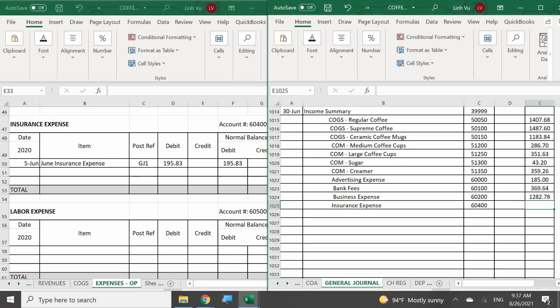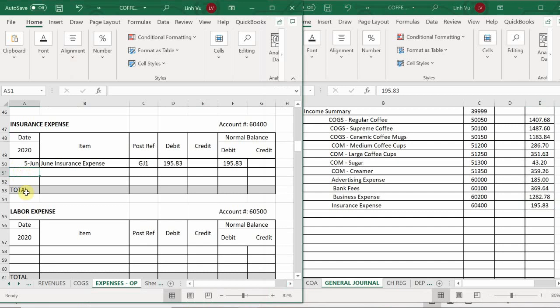And how much am I going to credit my insurance expense? $195.83, which then should give you your account balance to be 0.